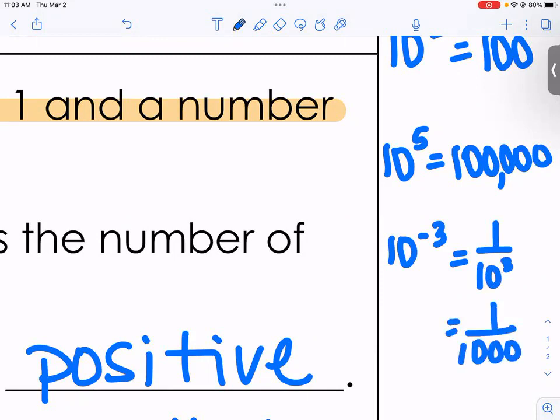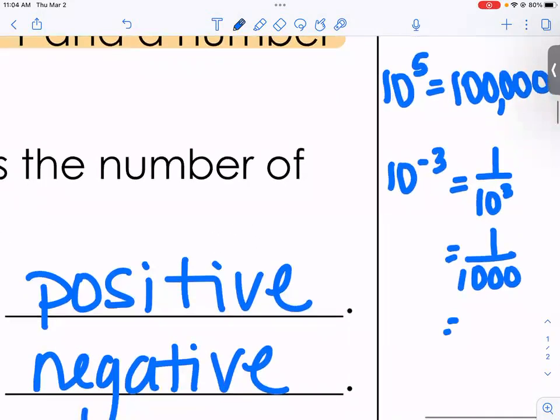Hey, Brady, when you put 1 divided by 1,000 in your calculator, that's the same as what? 0.001. Like that? Okay. So it's a small number, right?